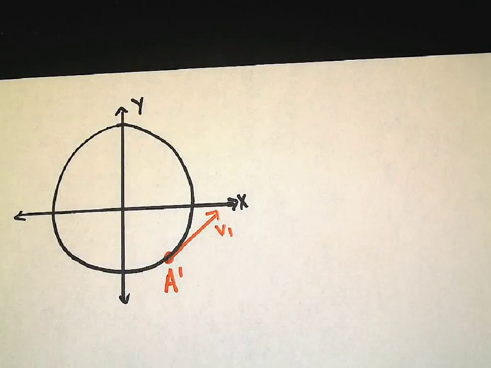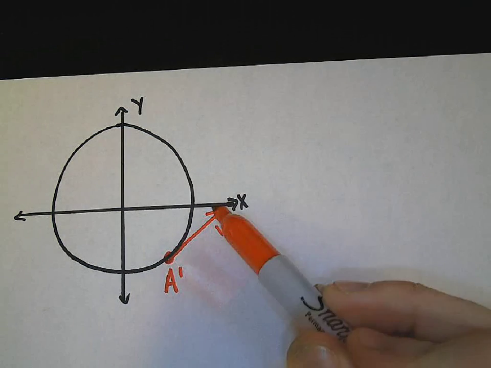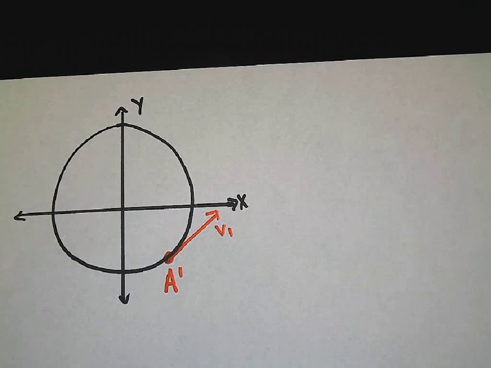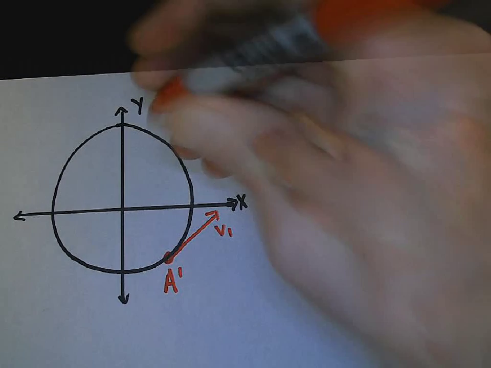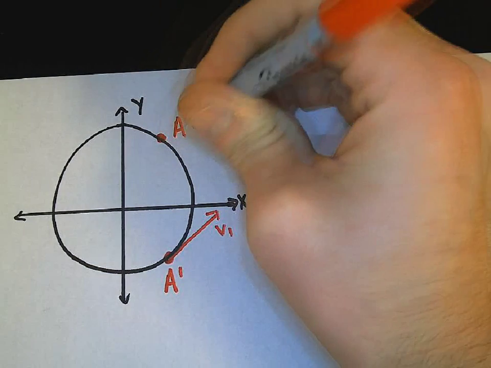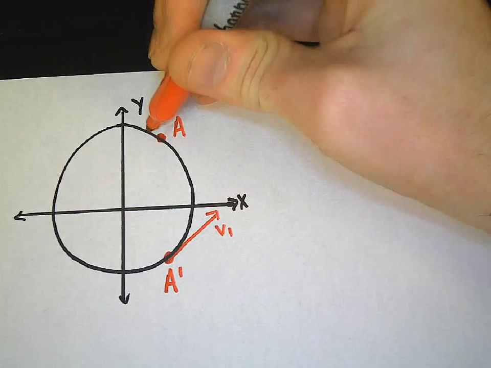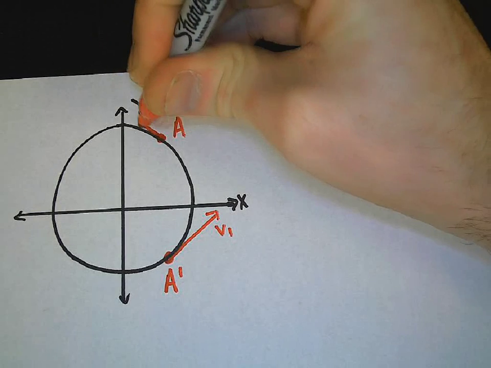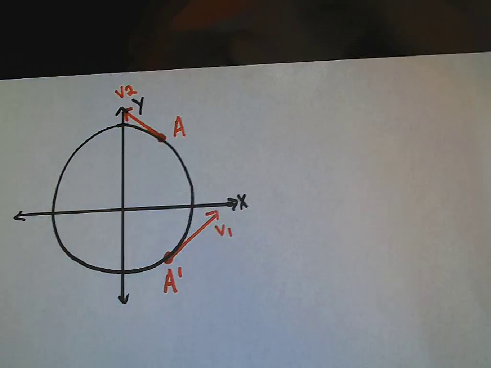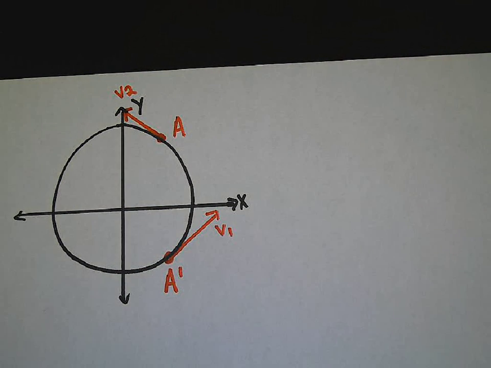And this is very similar to the tangent of a line. Right at that point, we have a line that we can draw to represent v1. This is the velocity right at point A prime, the instantaneous velocity. And we might also have another point, let's just call it A. And right at that point, tangent to the curve, we could have our second velocity, v2. So let's analyze this briefly.